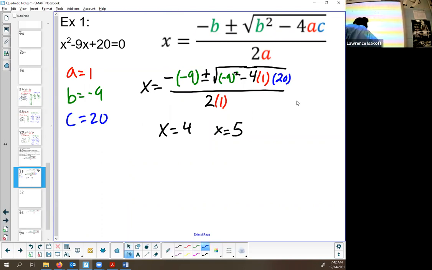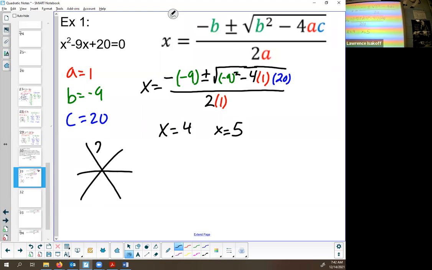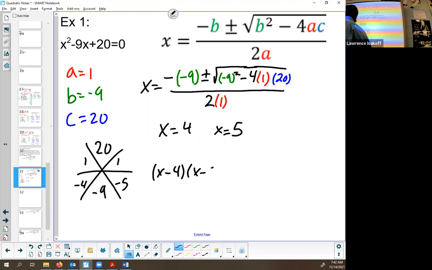And watch this. I'm very quickly going to do the snowflake on this. So that would be 20, 1, 1, and negative 9. Let's see, 4 times 5 gets me 20 and makes 9, but I want them to both be negative to make it negative 9. So that'd be x minus 4 times x minus 5 equals 0.